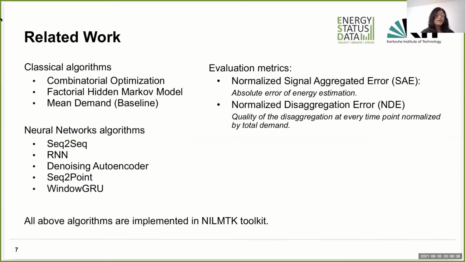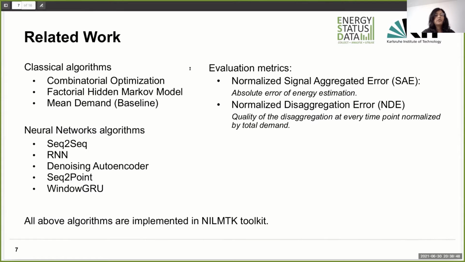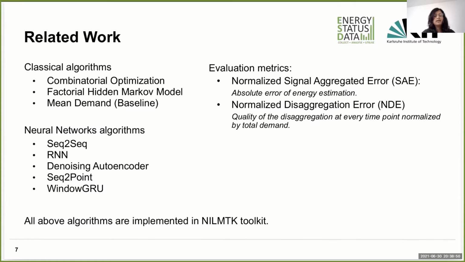As we know, it is important in case of a machine learning algorithm to have the evaluation metrics. There also exist several evaluation metrics. For example, normalized signal aggregate error, shortly abbreviated as SAE, or normalized disaggregation error, NDE. And in our paper, we also used these two metrics for evaluation of our algorithms.